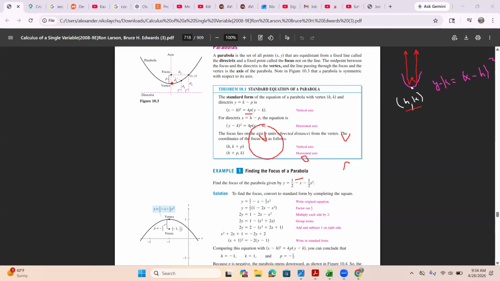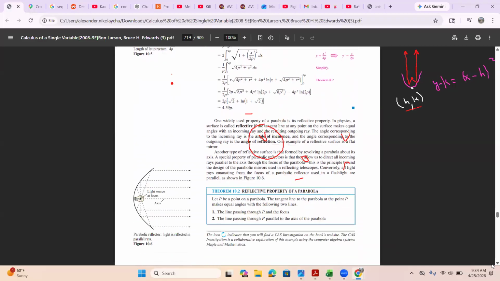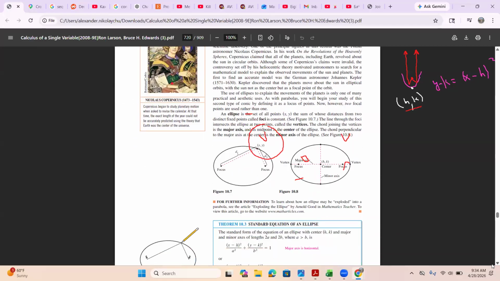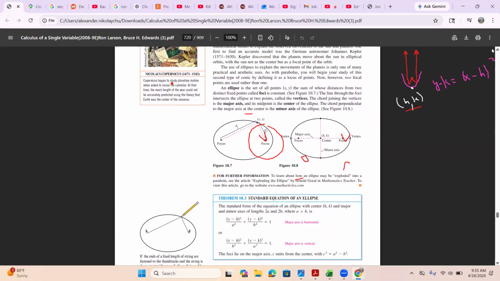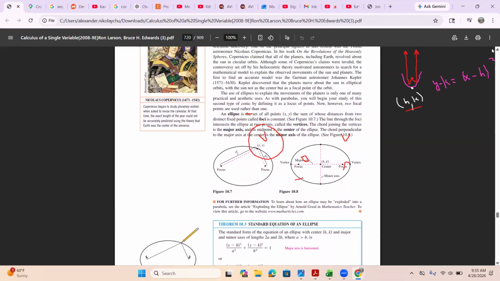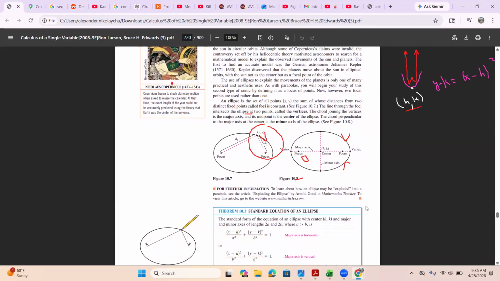So there is a focus. And in the parabola, we have a focus as well as in the ellipse, as well as in the hyperbola. So all these special curves of second degree, because if you look at the equation of an ellipse, for example, you can see the equation is analogous to the parabola.